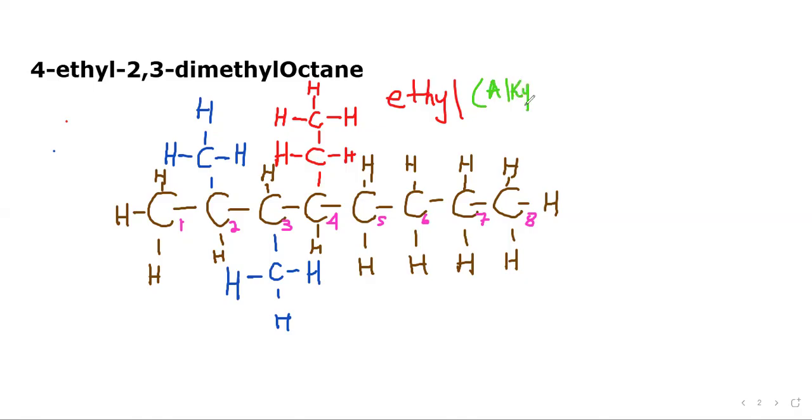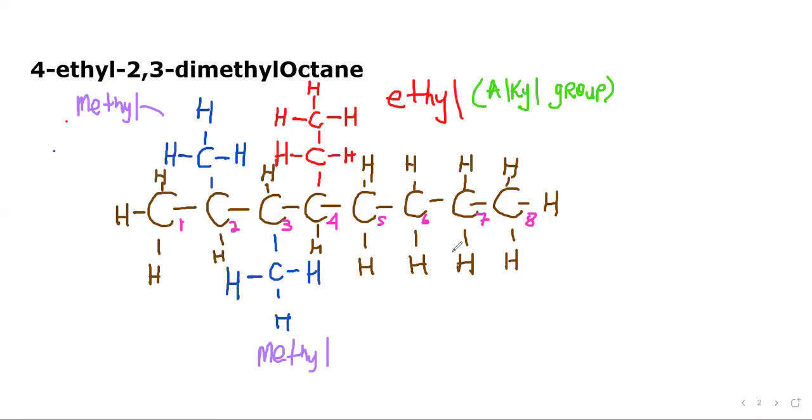When they say an alkyl group, they can mean an ethyl or methyl or propyl or butyl, right? And the one here in blue represents the methyl group. Even here, we have the methyl group. So that will be the structural formula for 4-ethyl 2,3-dimethyl octane.